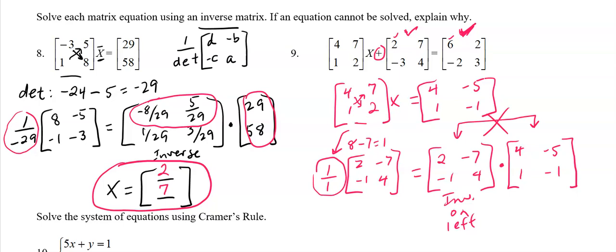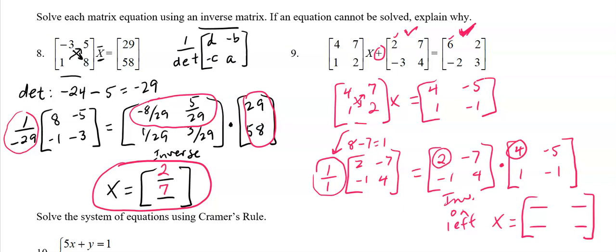So always set the inverse in your multiplication to be the one on the left. Now we're ready to do the matrix multiplication. My final answer for X is going to be a 2 by 2 matrix. Let's see if we can do some mental math. It's going to be 2 times 4, which is 8, plus negative 7 times 1, which is negative 7. So that's 1.